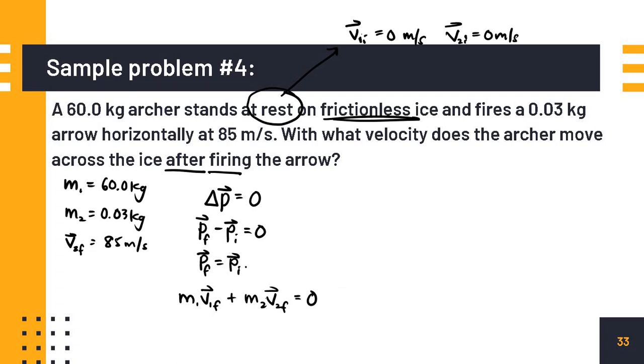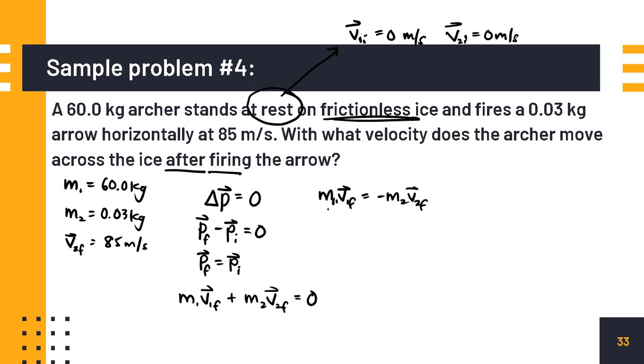Again, because the initial momentum is equal to 0. Now we need the final velocity of object number 1, and that is the archer. So transpose m2 v2f to the other side. This will become m1 v1f is equal to negative m2 v2f.